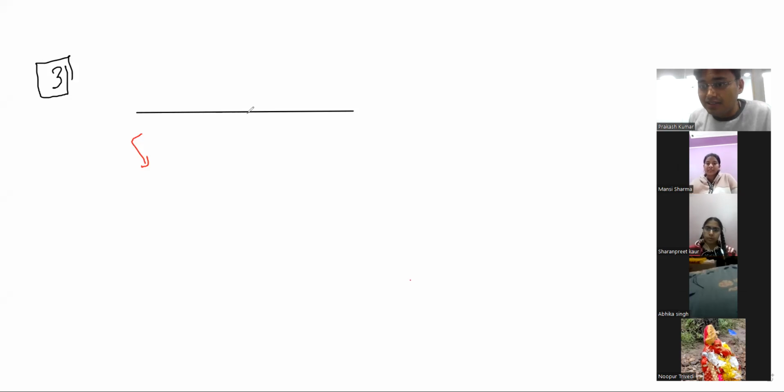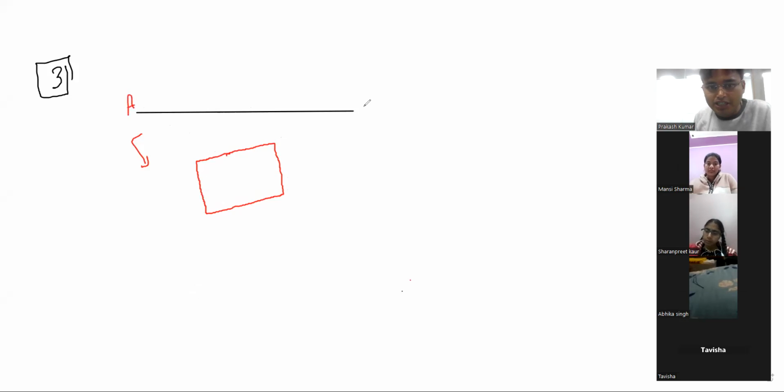So this wire is bent from here. I start bending this one and I convert it into the shape of a square. This one is point A, this one is point B. So I bent it from here, then from here, and then from here. It will become this shape, right?